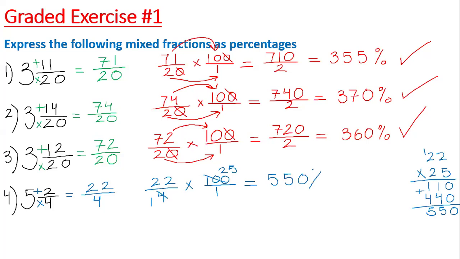Did anyone get this? I got it wrong. Mr. Petit, I have a question. Why don't we just multiply 22 by 100? You could do that. You could say 22 times 100 and then divide it by 4. I get 55% too.